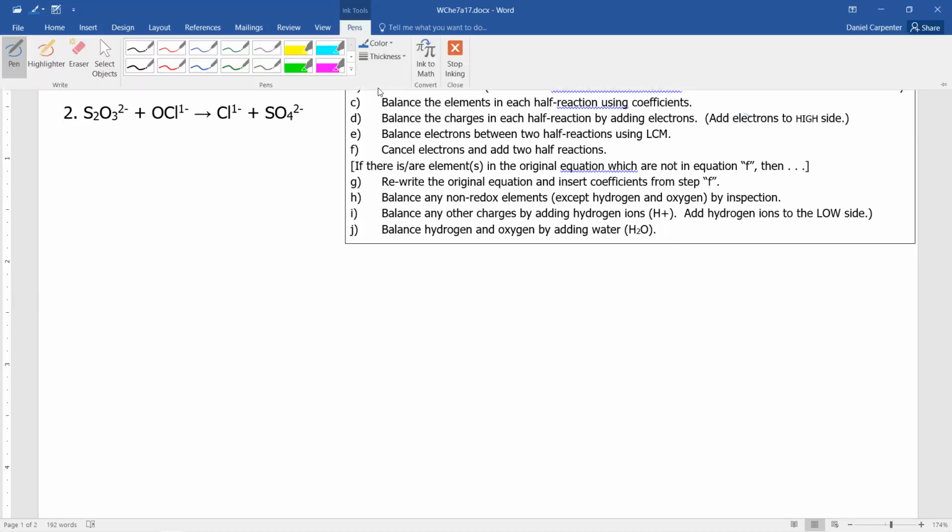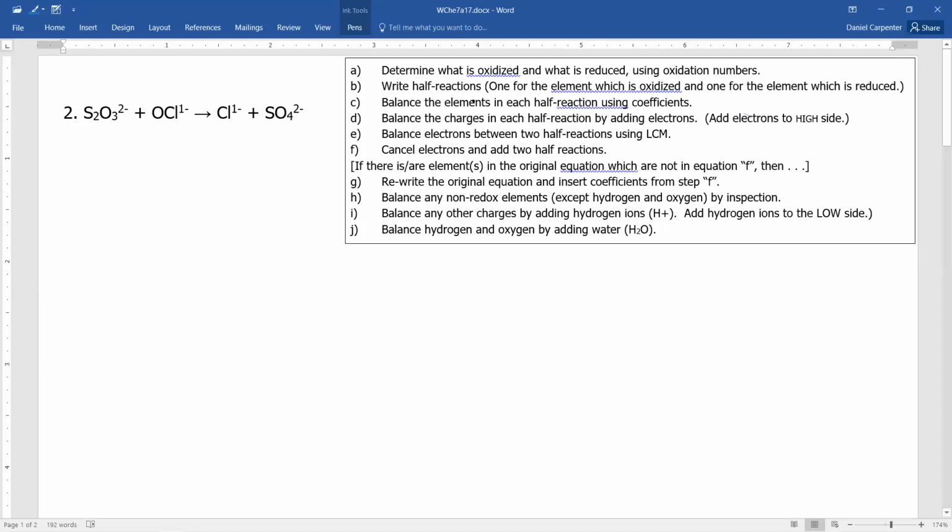All right, so here is a list of steps. This time I have all of the steps there, and we'll go through them. I suggest at this point that you take a piece of paper and copy down what we're doing.